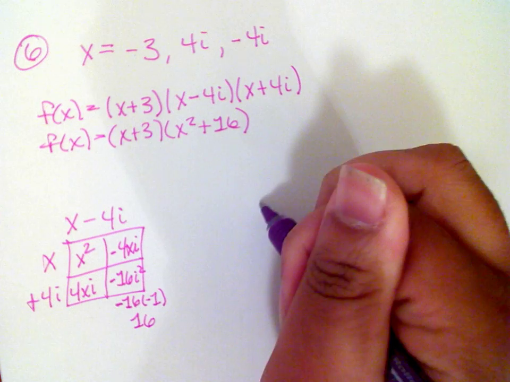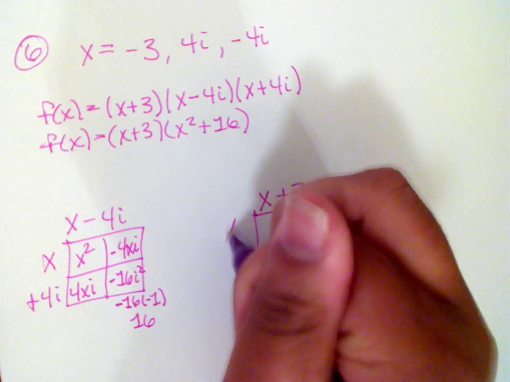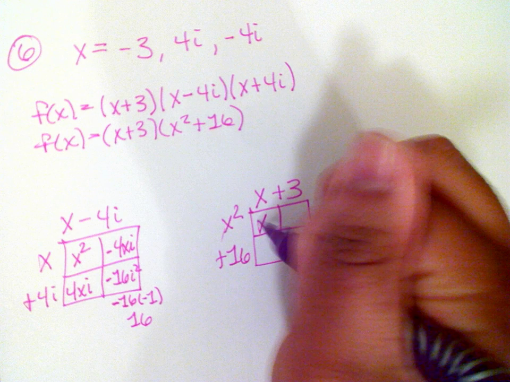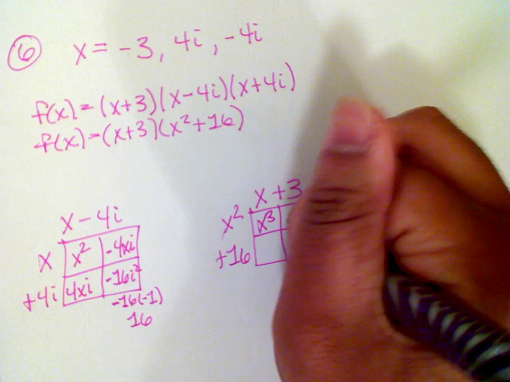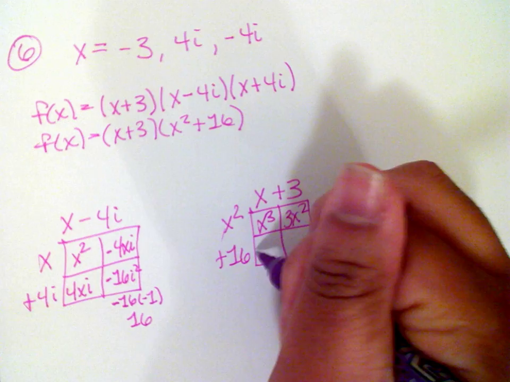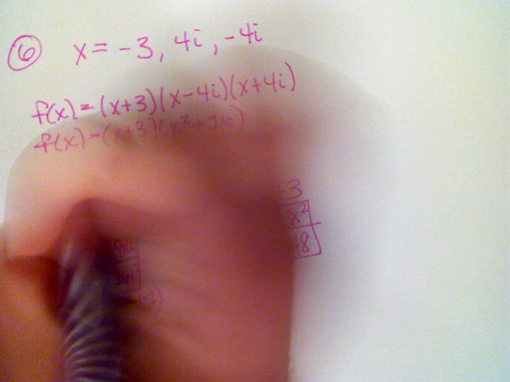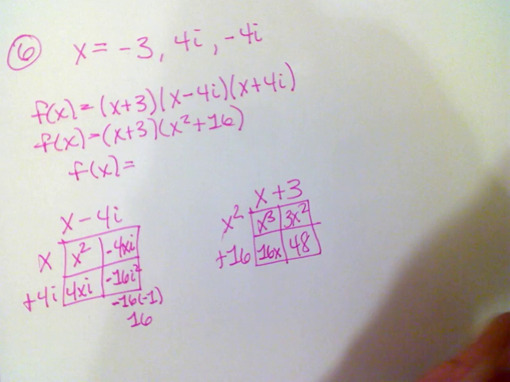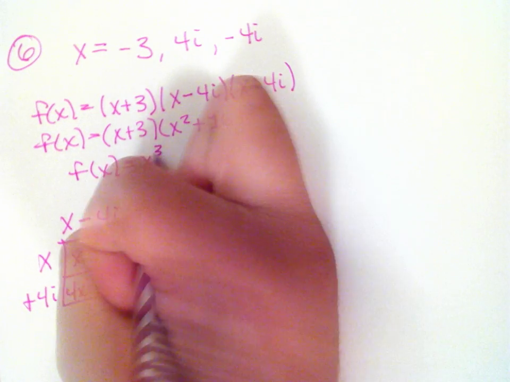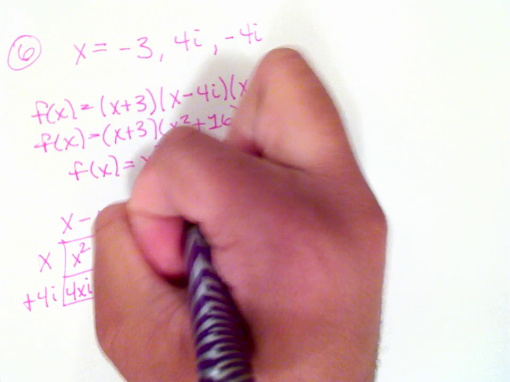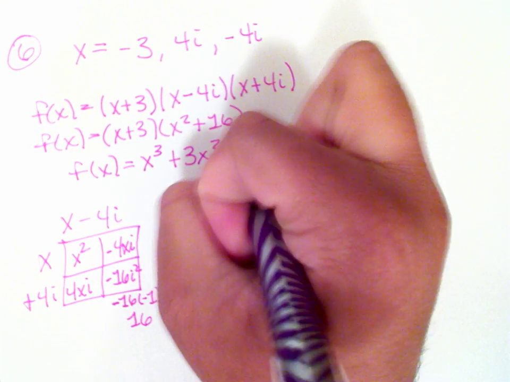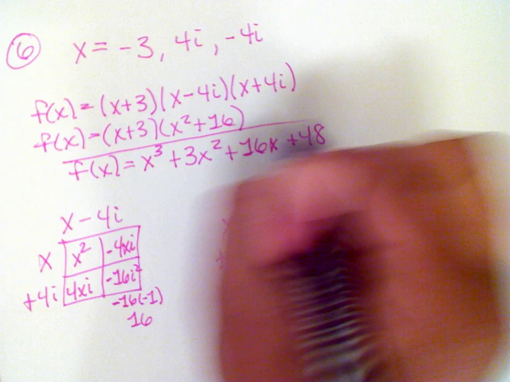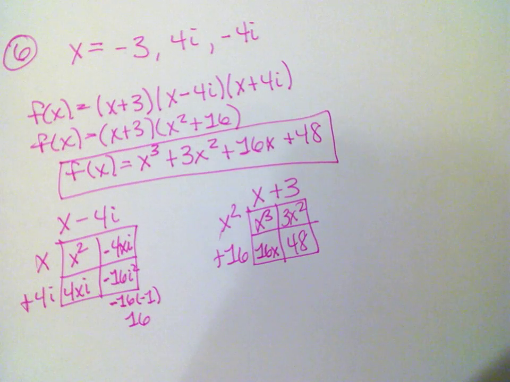Now use the box method again. We get x cubed, 3x squared, 16x, 48. So our final answer, f of x equals x cubed plus 3x squared plus 16x plus 48. This is our final answer in standard form.